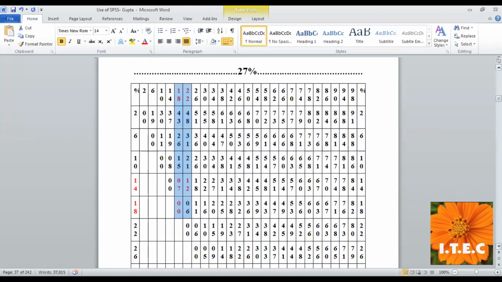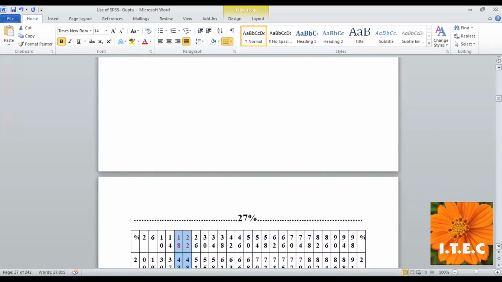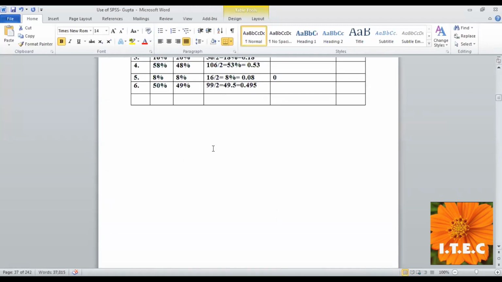So now I am making a table so that you know it. Here it is bottom 27%, and that is 14 and 18, because I want to calculate 16.